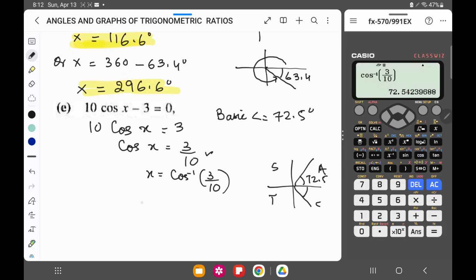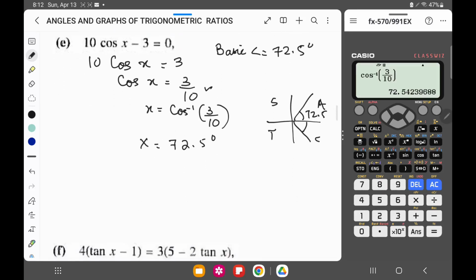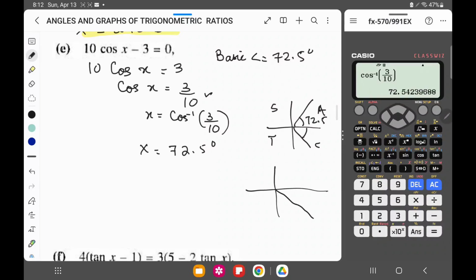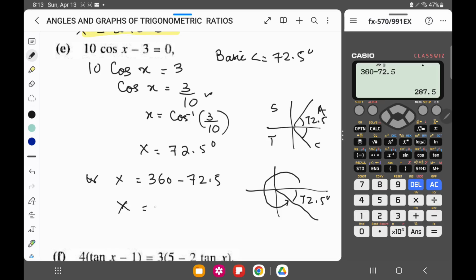So first of all, the basic angle x is equal to the same 72.5 degrees, which is in the first quadrant. And if we have to find the angle in the fourth quadrant, I'm drawing the diagram again and again so that you will easily understand it. That's 72.5 degrees. So we go anti-clockwise, that is, x is equal to 360 minus 72.5 degrees, and that becomes 287.5 degrees.